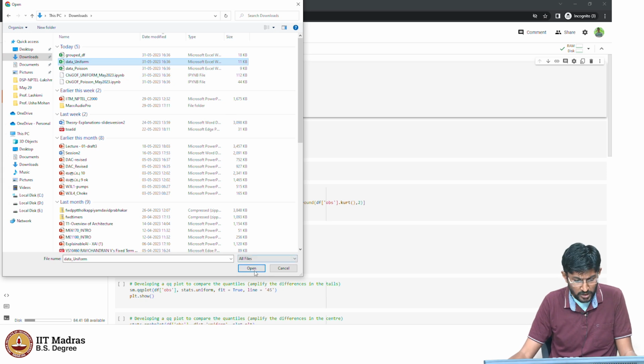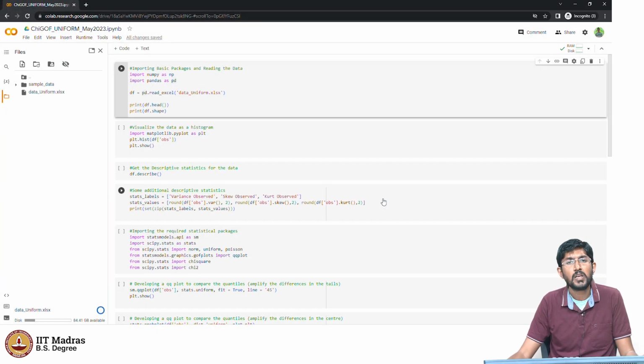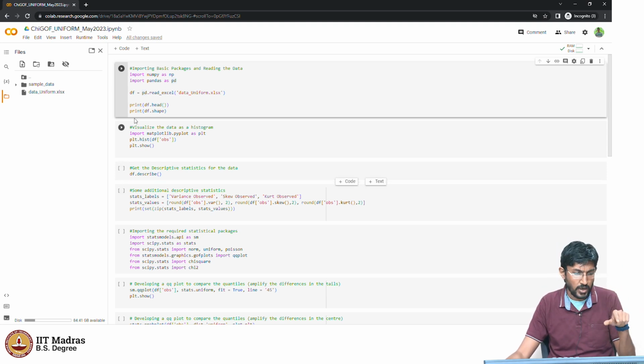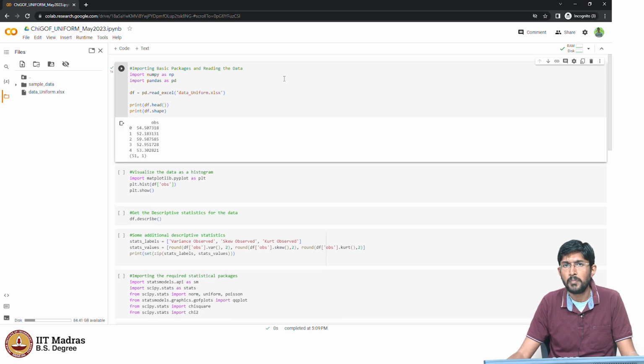For this demonstration, I am going to use this data known as data underscore uniform, and as the name implies, we are going to be demonstrating this tutorial for a parent distribution that is, let's say, following a uniform distribution, and appropriately we have got data from that parent distribution, which is the sample, and that is data underscore uniform. So I have loaded the data into my Colab environment, and I am importing the two basic packages, which are NumPy and Pandas.